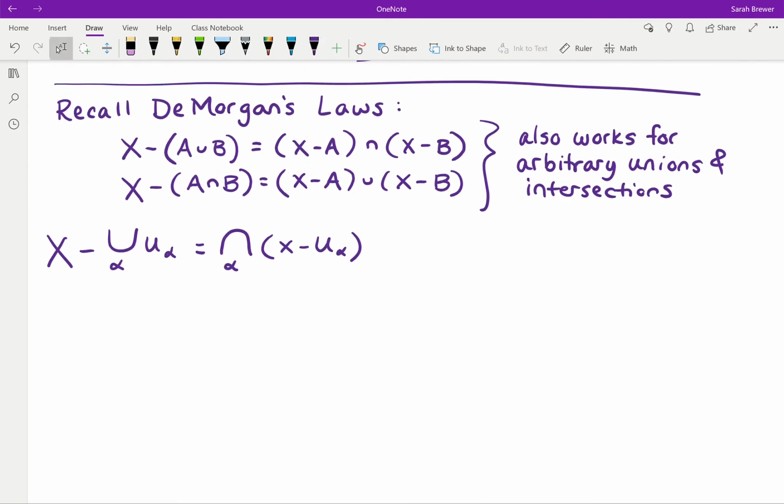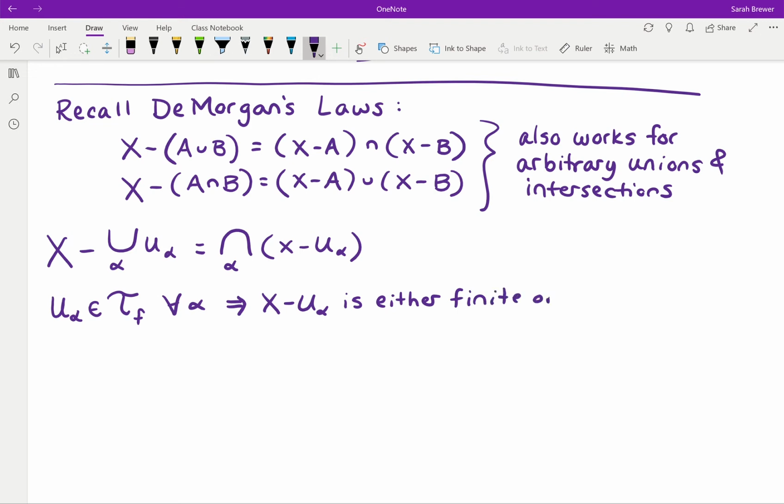So here, each of these U alphas is already in the topology for all alpha, right? So what that means is that X minus U alpha is either finite or all of X for all alpha.